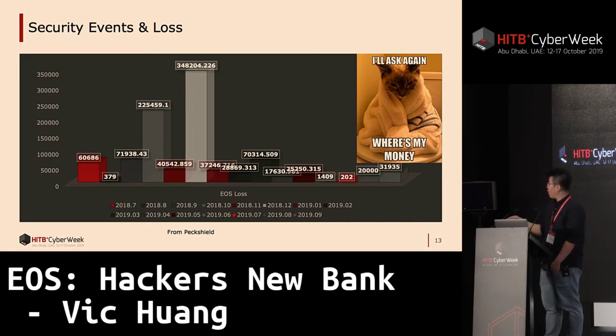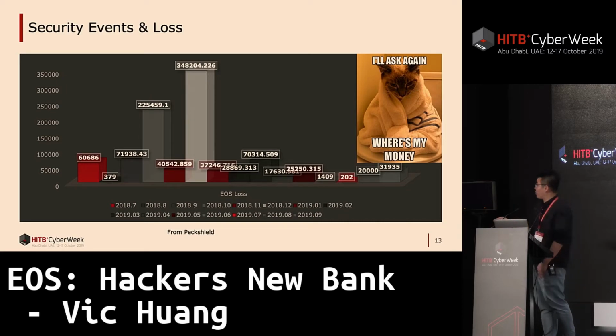It's over 113 events and about 1 million EOS lost in 2 years. If we say that 1 EOS is 3 US dollars, we can say we lost 3 million USD in two years. It's quite horrible.